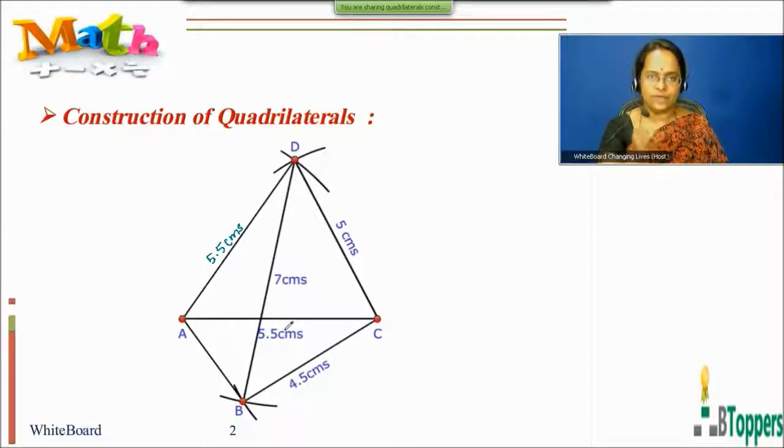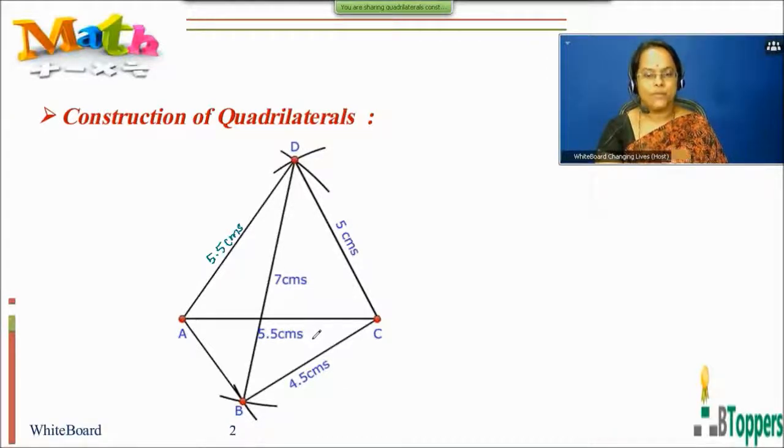So whenever the measurements are given to us, we first draw the rough sketch of it, and then we proceed with the actual construction. And later, after the construction of the figure as per the given measurements, we have to write the construction steps.